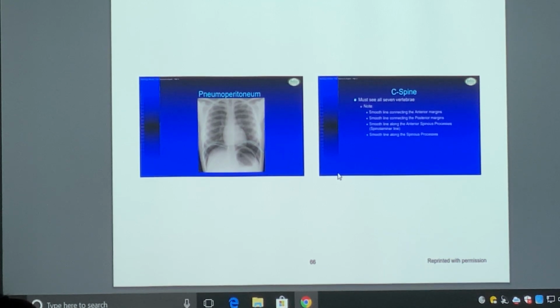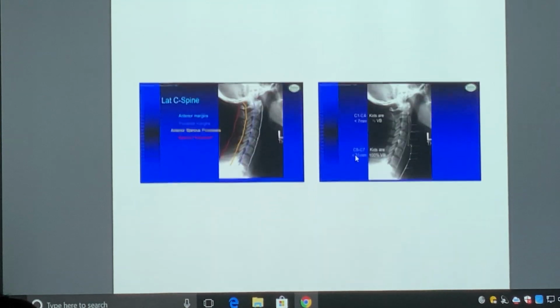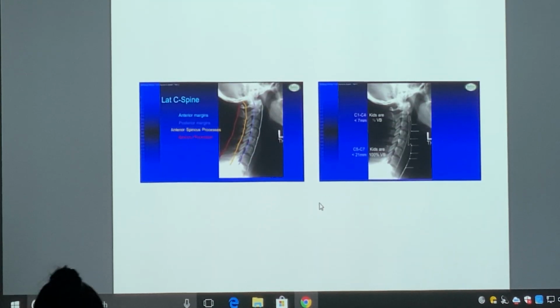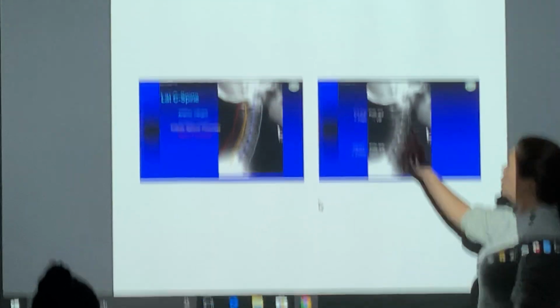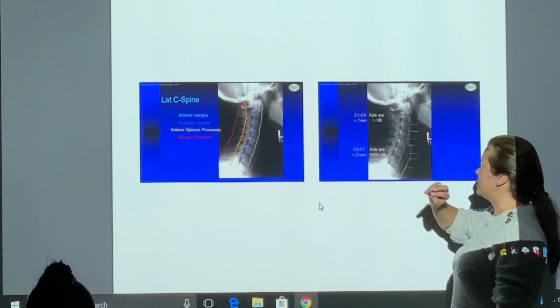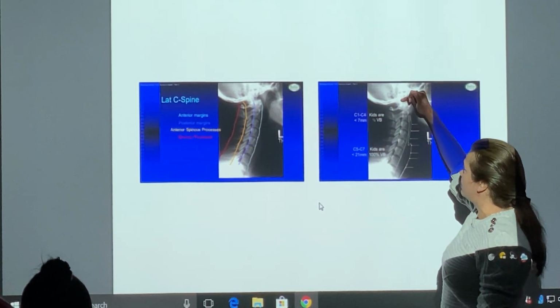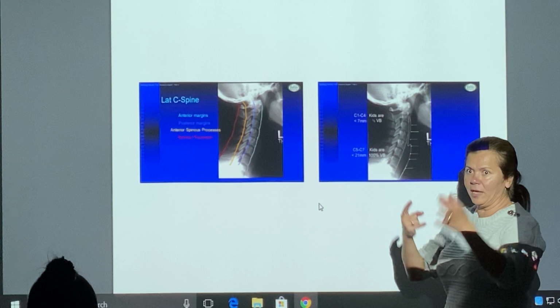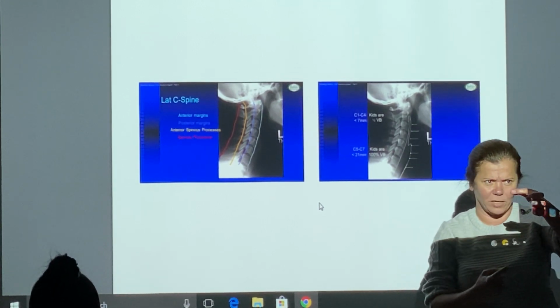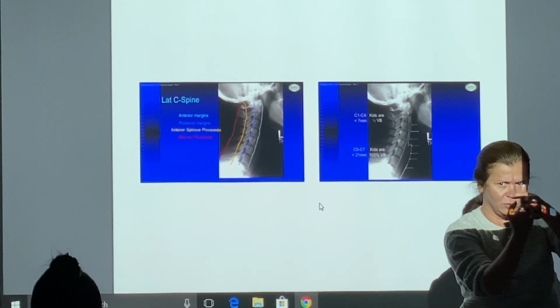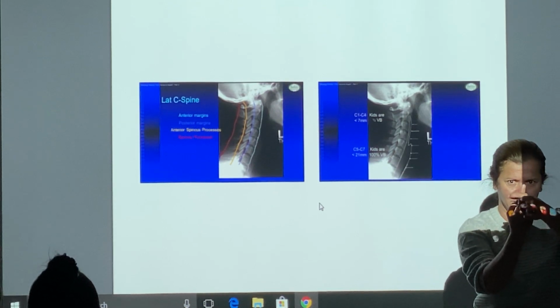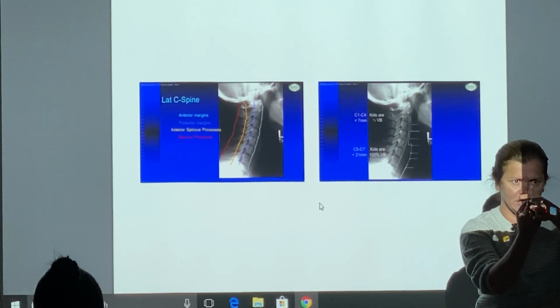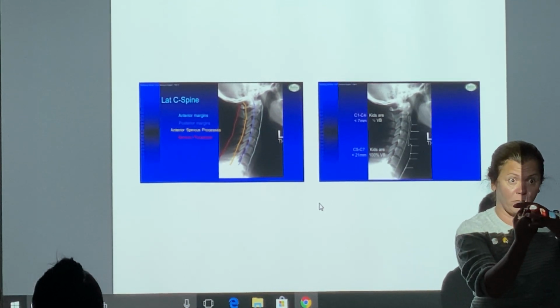Cervical spine. First of all, in cervical spine, you have your occiput, odontoid process, right? Remember that you have C1 and C2. Remember that this is C1, which is atlas, right? And C2 is the axis. You remember that? Okay. So you have to look at the odontoid process to be able to see if there's a fracture.